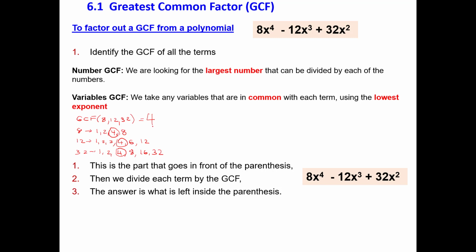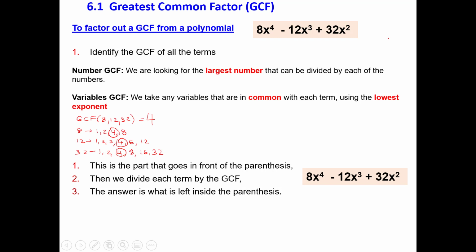Now for the variables, we need to check what variables are in common, and we will use the lowest exponent. Then x is here, x is here, x is here, so it is common. And we need to look for the lowest exponent. Then the greatest common factor of the variables will be x to the second.